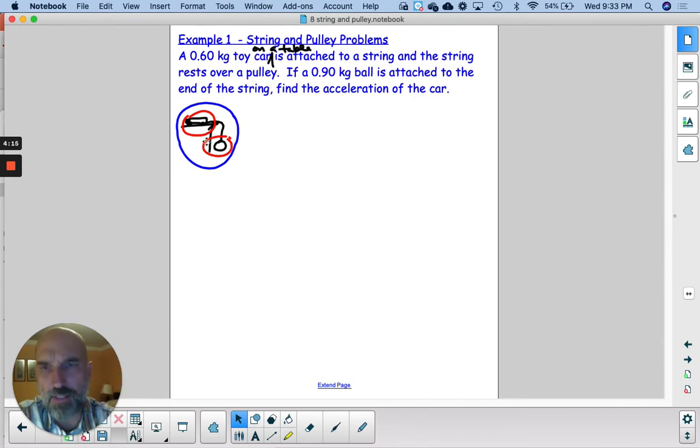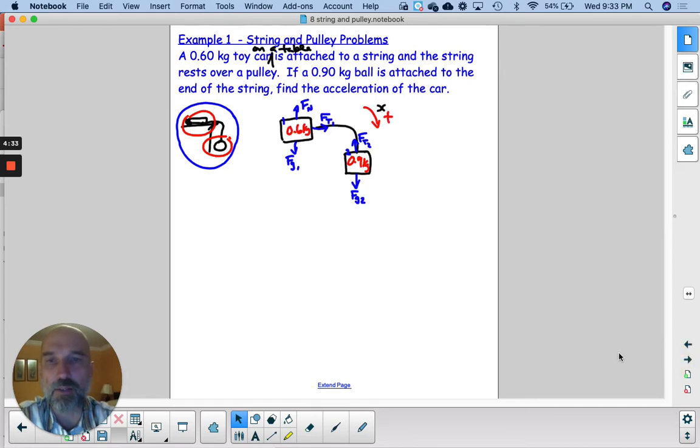We're going to look at the system as a whole here, the blue circle, which means the tensions inside are internal forces. They're not going to be acting on the system. There's one tension going up and one going down, and they would cancel out in terms of this system.